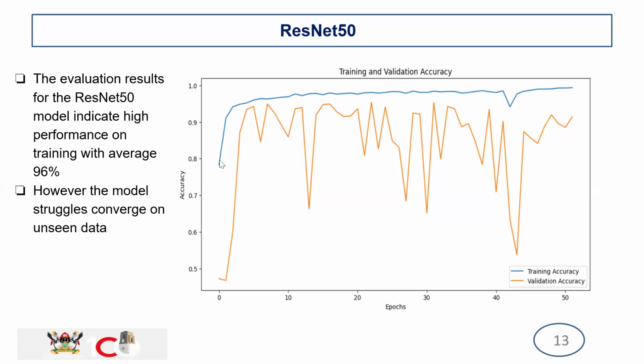On training we had over 90% for most of the epochs, but the validation accuracy reached over 90 in some instances and dropped below 50 for other epochs. So the model was simply struggling to validate on unseen data.